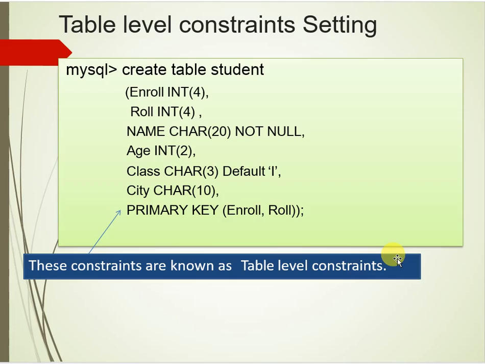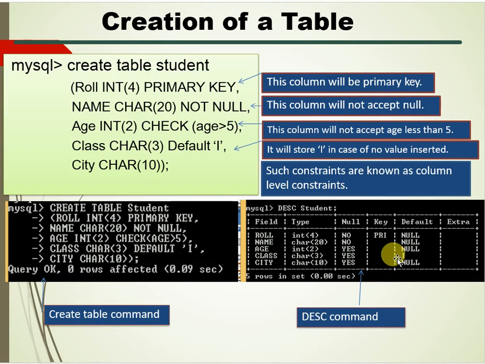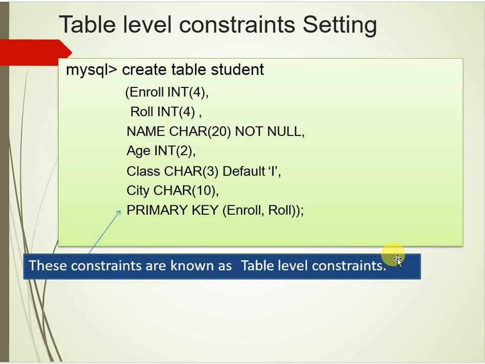This is called a table level constraint. And see again, in the previous table, while you are applying the constraint along with the field name, this is called a field level constraint. I hope it's clear. When you assign the constraint along with the field, that is a field level constraint; when you assign the constraint at last, that is known as a table level constraint.